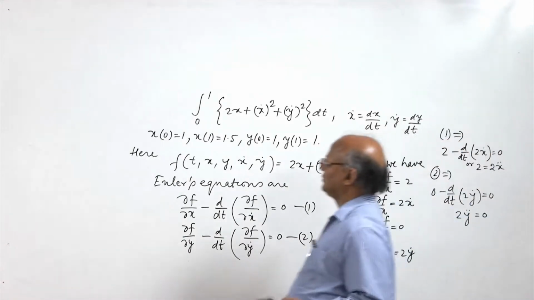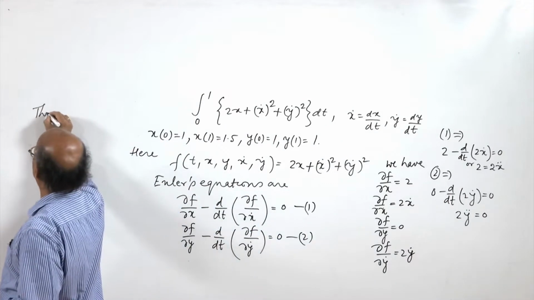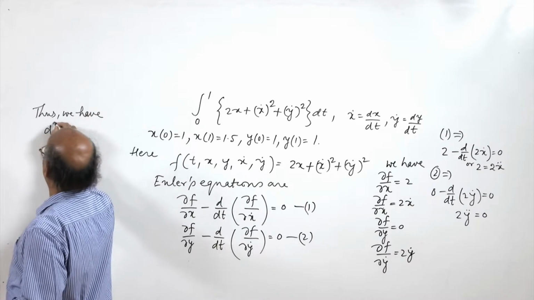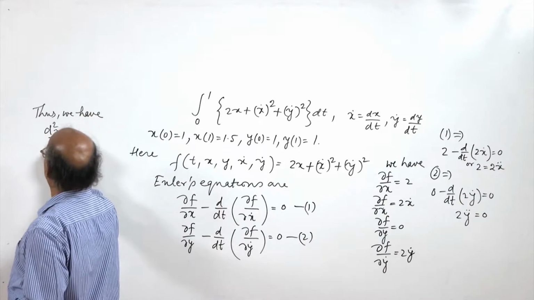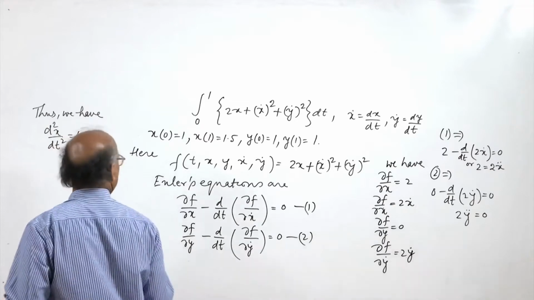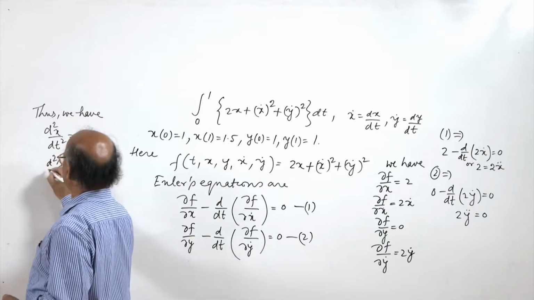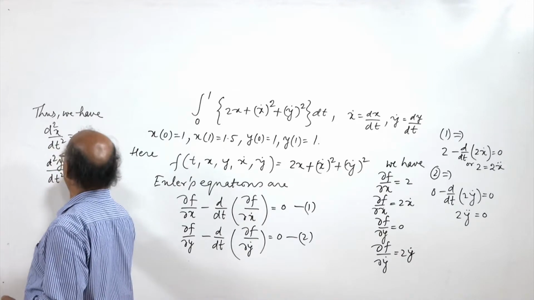So thus we have d square x by dt square equal to 1, and d square y over dt square is equal to 0.